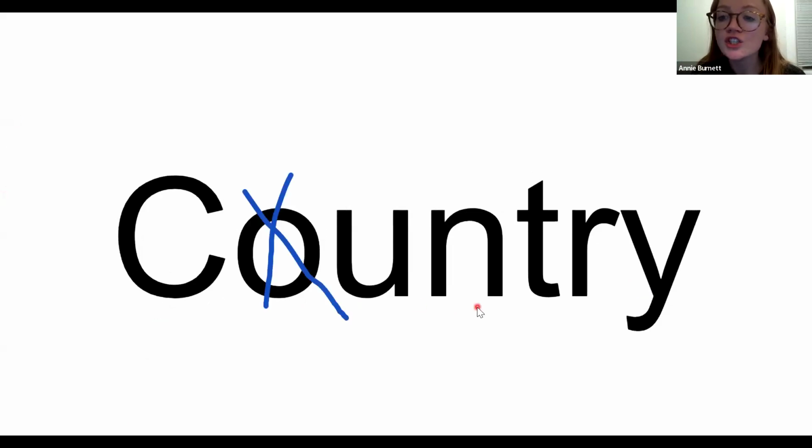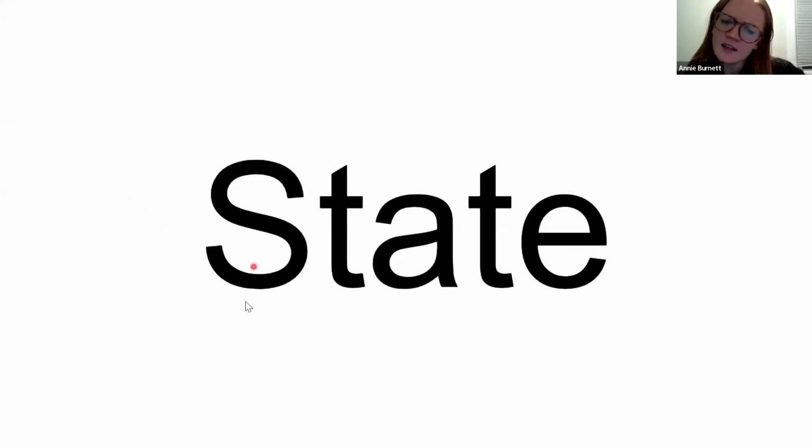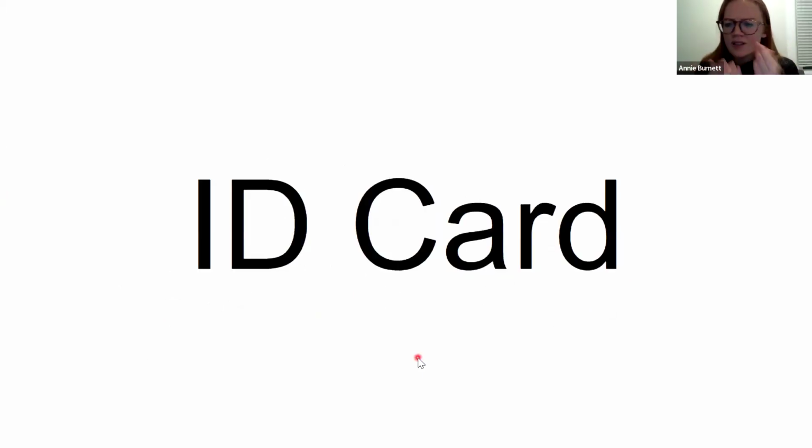Country. What does this say? State. State. What does this say? Mhm. ID card.